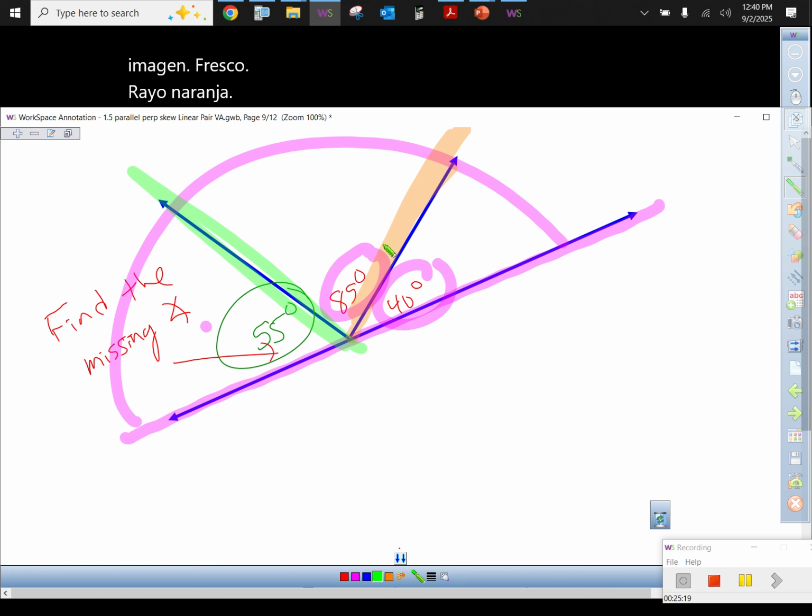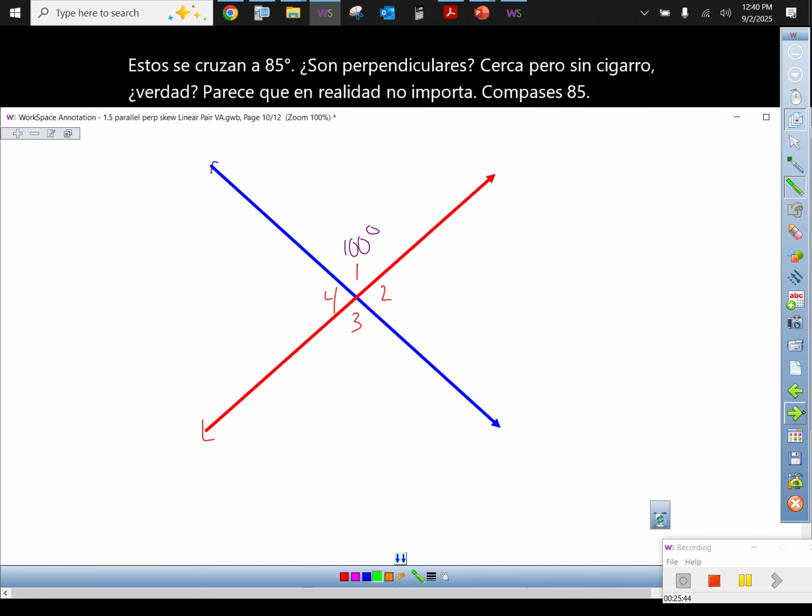The orange ray and the green ray, perpendicular? What does perpendicular mean? Intersect at? These intersect at 85 degrees. Are they perpendicular? Close, but no cigar, right? Looks like it, doesn't matter. Actually measures 85. Cool?